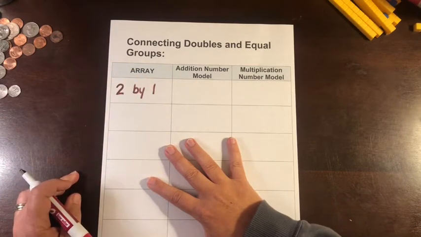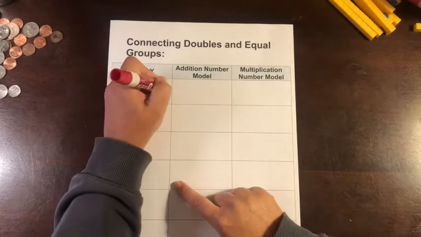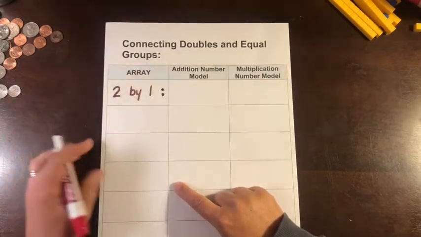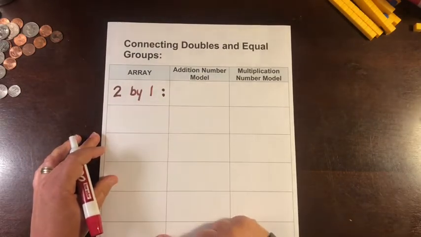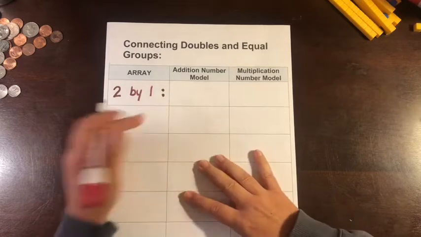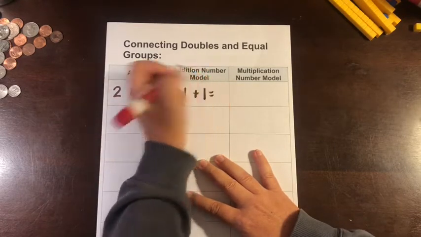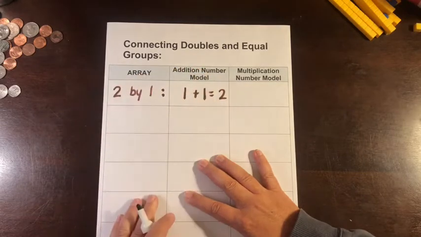What does that look like? So I have 2 rows. Here's a row, here's a row, and there's 1 in each row. So that's what your array looks like. What would your number model look like? 1 plus 1 equals 2.